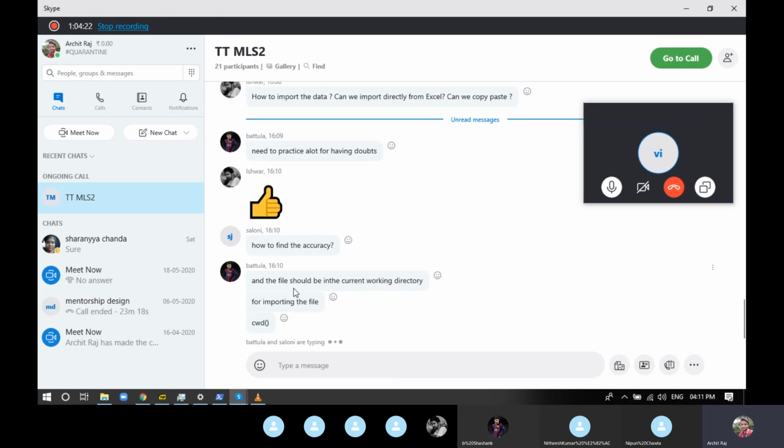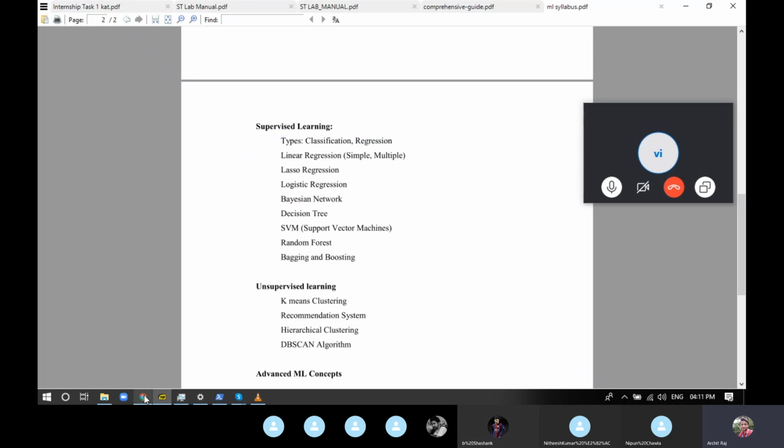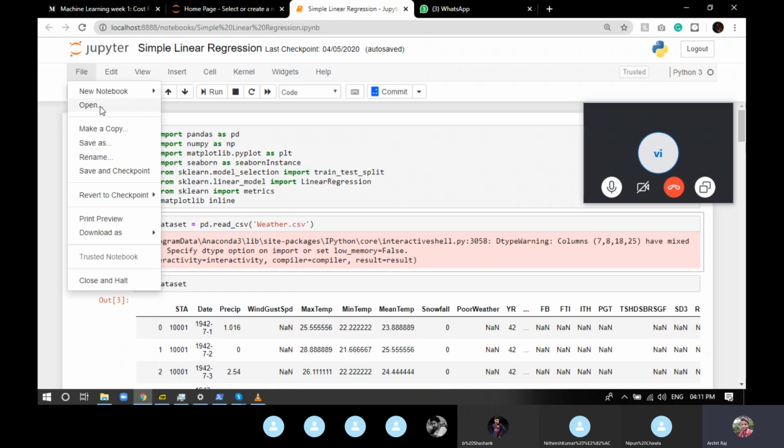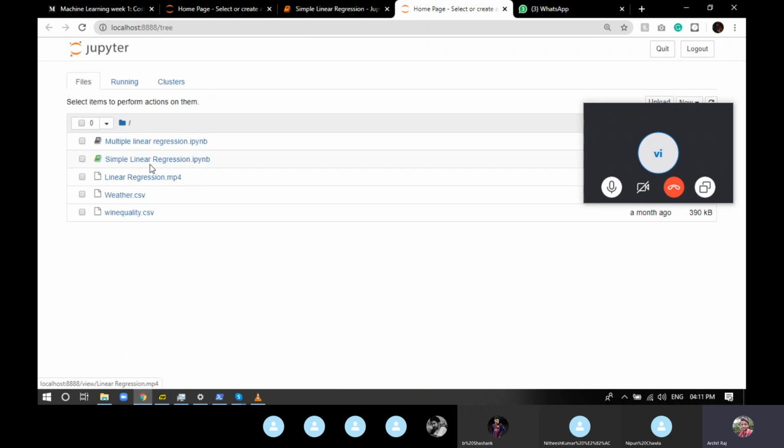If you're talking about this particular CSV file, I just gave the name here because the CSV file is present in the same folder as this particular file. As I explained previously also, you can provide anything here. You can provide the whole absolute path of the file, like C colon slash, or you can provide the HTML link which will download the file. Because weather.csv is in the same folder, we do not have to give the whole path. We just give the relative path and it's opened here.